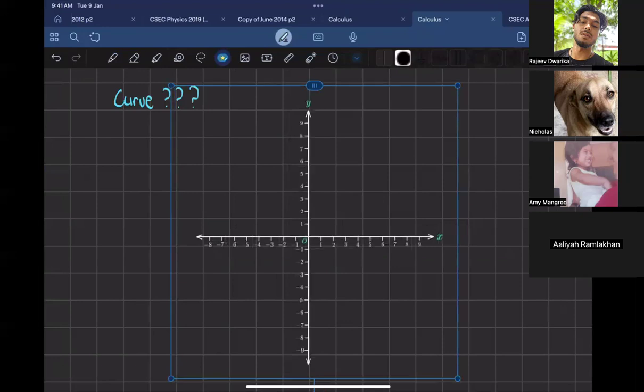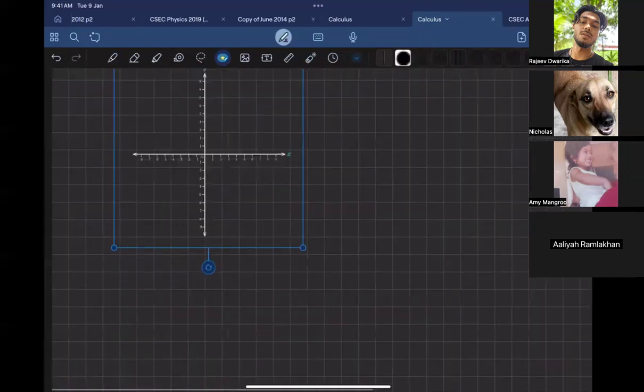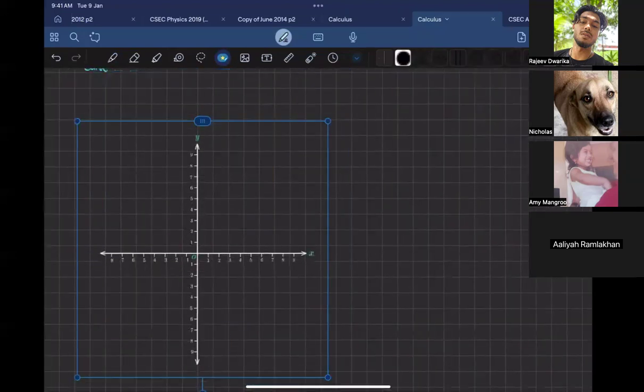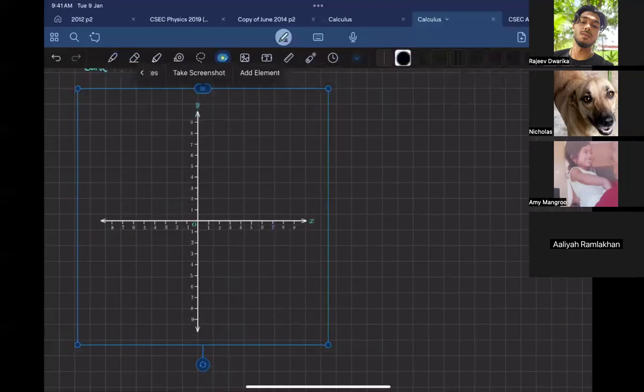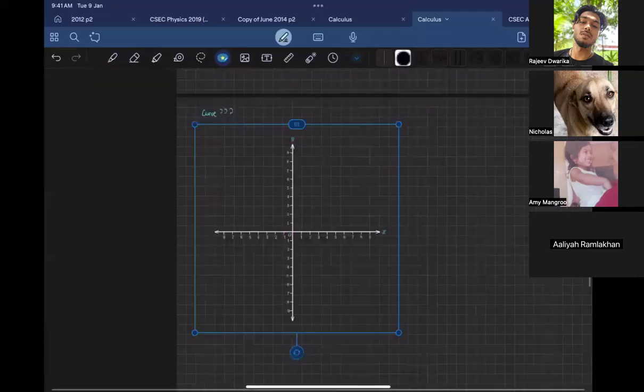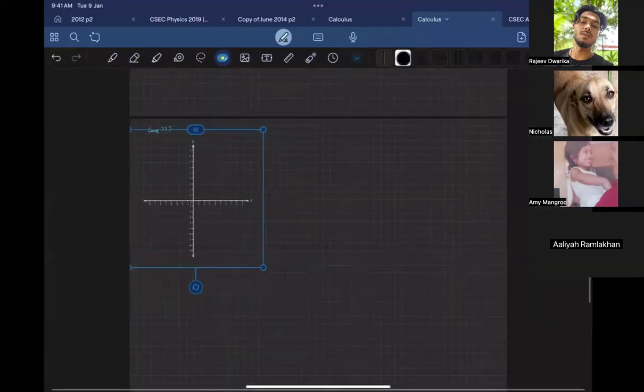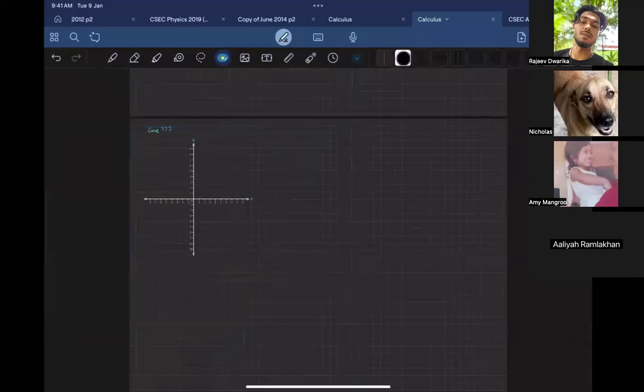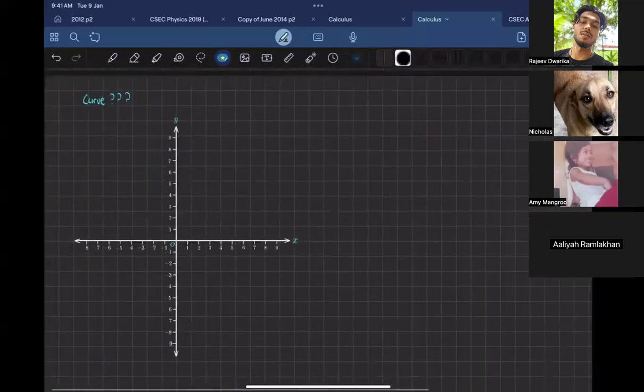Amy, what is a curve? Could you define a curve? I don't know how to define a curve. I want you to describe a curve for me in terms of gradient.